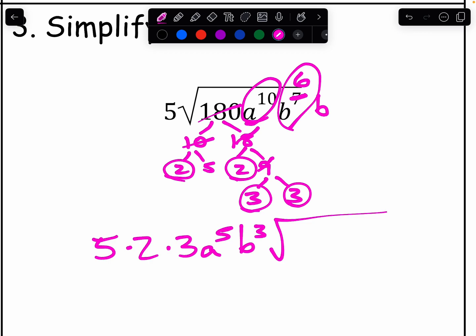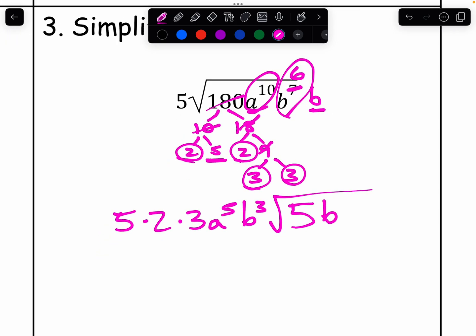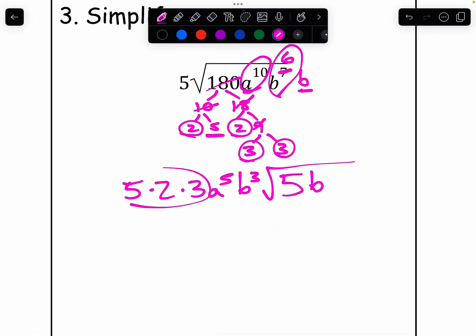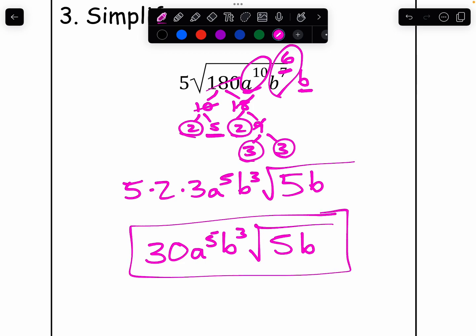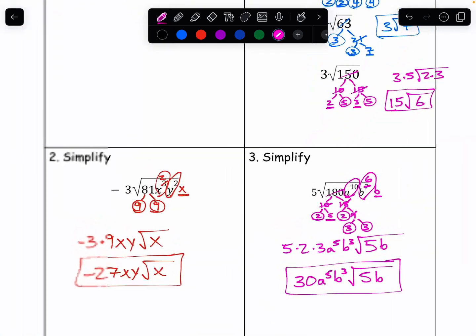So first of all, numbers. That 5 right there did not pair up, so that has to stay. And then this one is extra, so b. So my final answer, when I multiply those together, is 30 a to the 5th, b to the 3rd, and then square root of 5b. Final answer. And there we go.